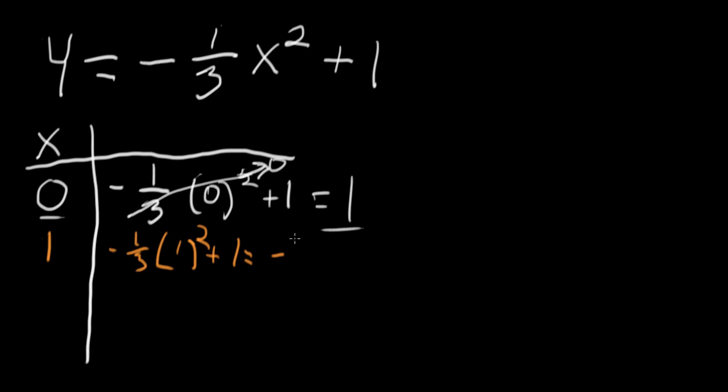Well, negative 1/3 I can always write as negative 1/3 plus 3/3, which is just another way of saying 1, which the end result is 2/3. Yeah, real nice friendly number.